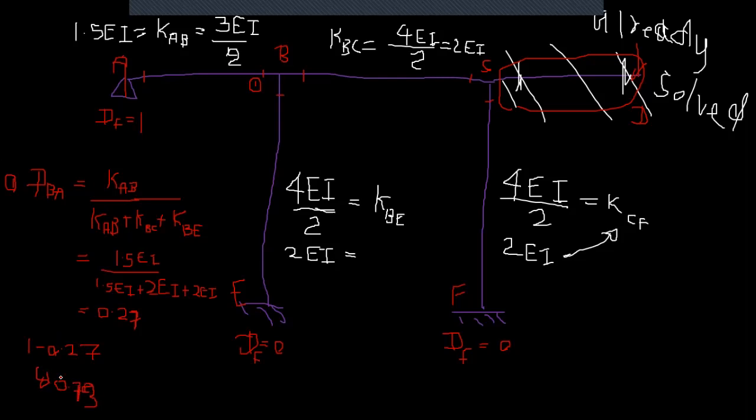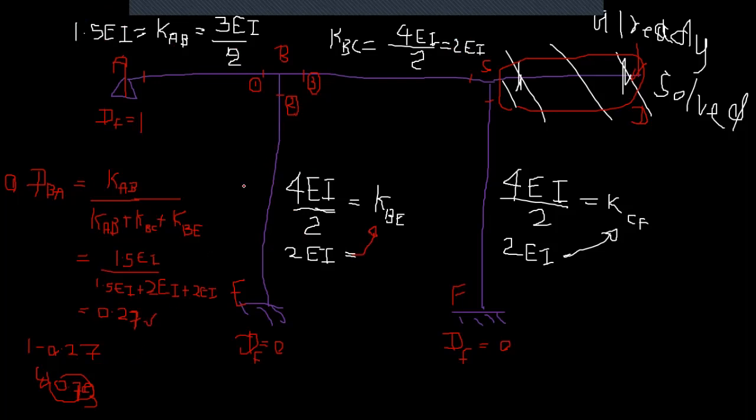So this distribution factor is evenly distributed between 2 and 3. Why? Because the members have the same stiffness, 2EI and 2EI, right? So the amount taken by this member here is taken by this member as well. This one usually has lower stiffness, so it will take a lower value.